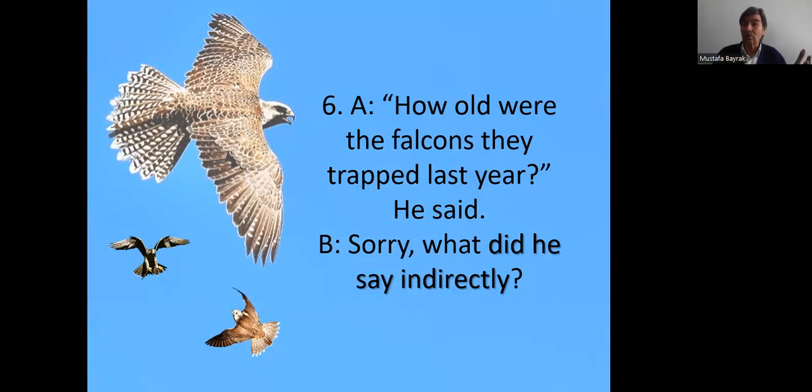He told, or he asked, according to the situation, he asked how old the falcons had been. The falcons they trapped last year.